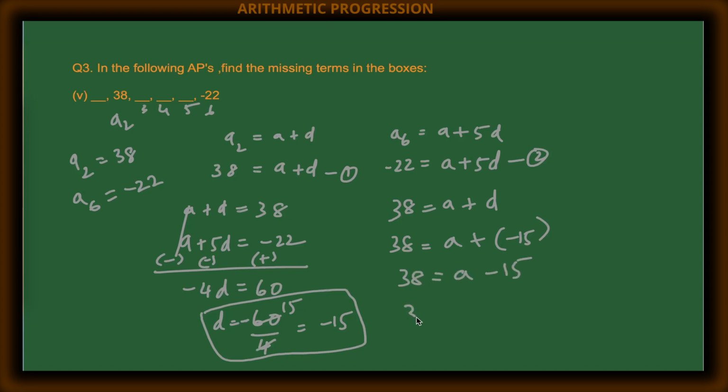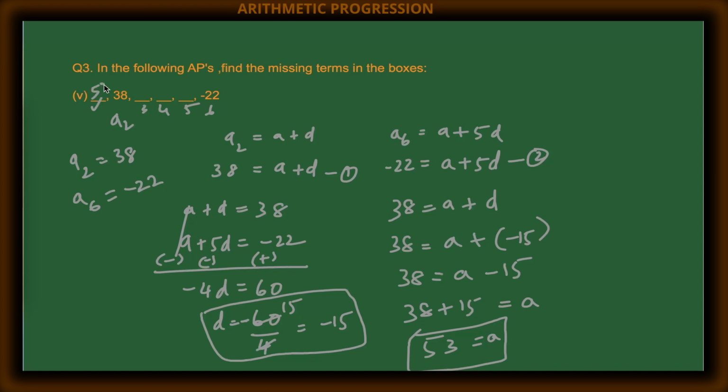So 38 plus 15 is equal to A. So which becomes 53. Okay, so now that we got A, D, we can find the terms. So A we got it, 53.